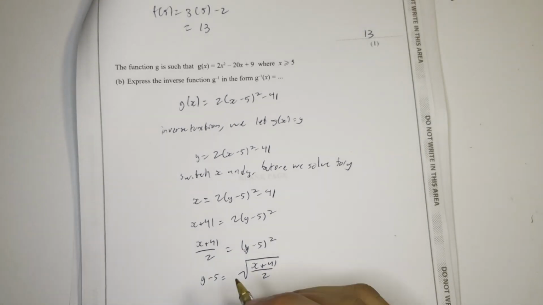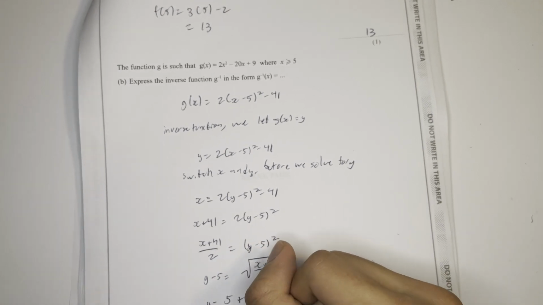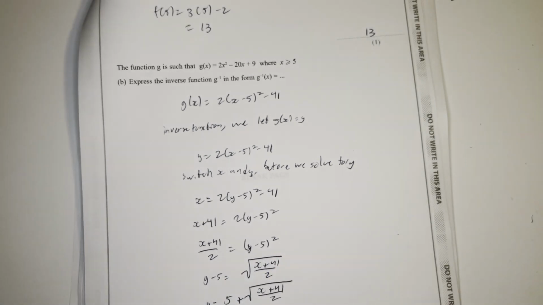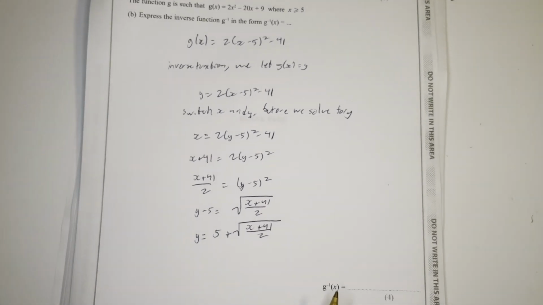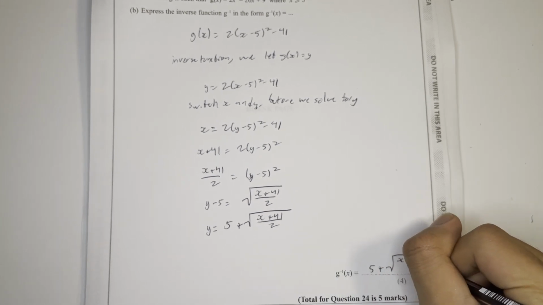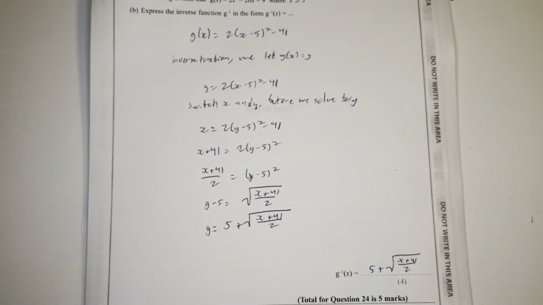Finally, to get y on its own, add 5 to both sides to give us y is equal to 5 plus the square root of x plus 41 over 2. And this is the inverse function, g minus 1 of x, written as 5 plus the square root of x plus 41 over 2, with the square root sign over the whole fraction.